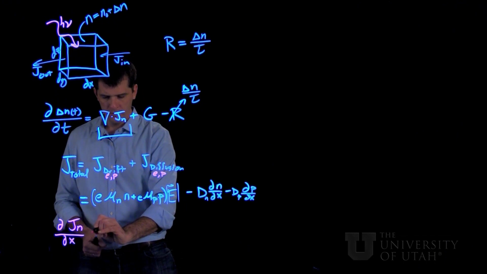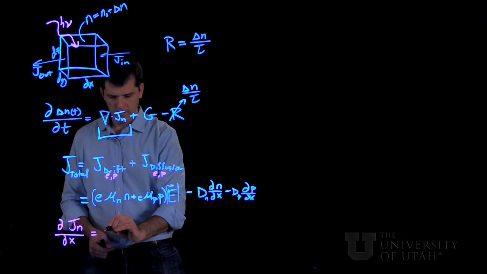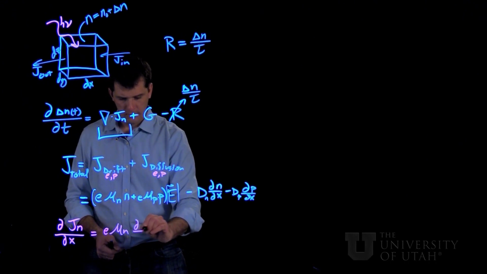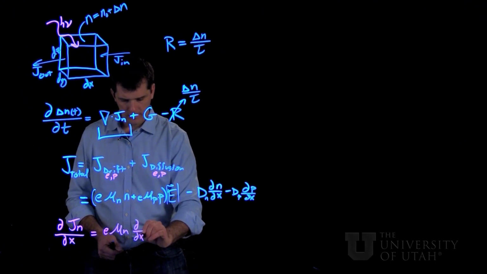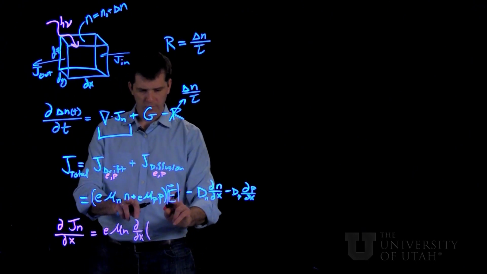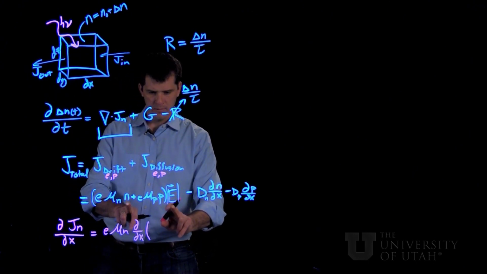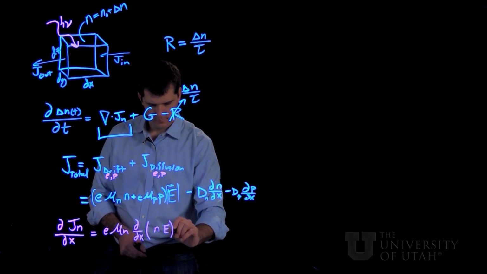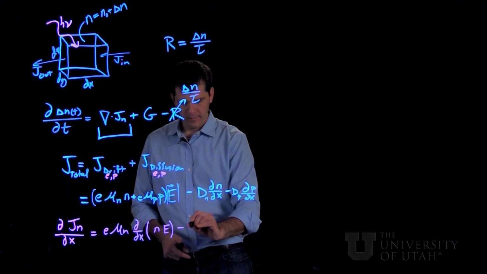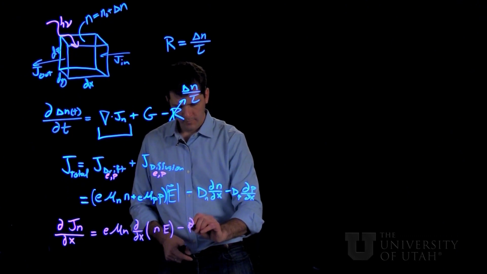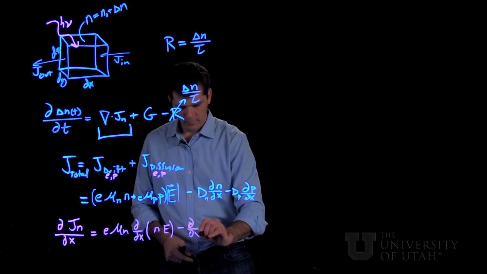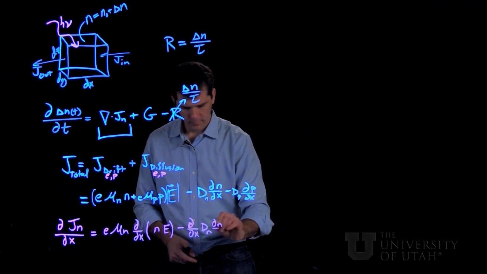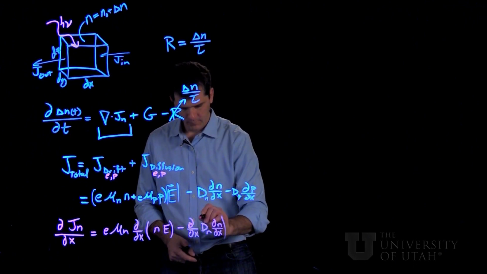n-type current. So this is going to be E mu n times d by dx of the product now of n and E. And then minus d by dx of dn dx.